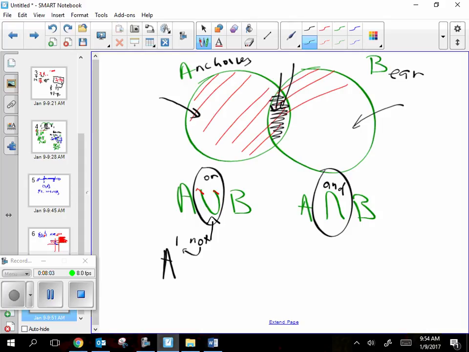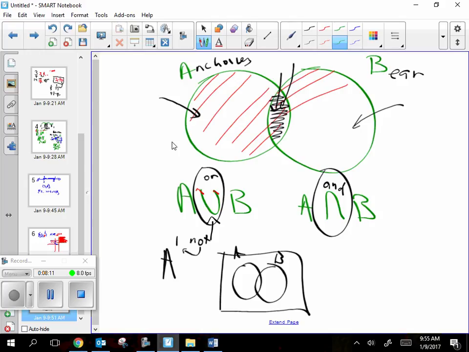If you just had A not, it would be like this. Here's A, here's B, and A not makes A the sun. Everything that's not A is what this person likes. They like every ingredient in the world except they don't like anchovies.